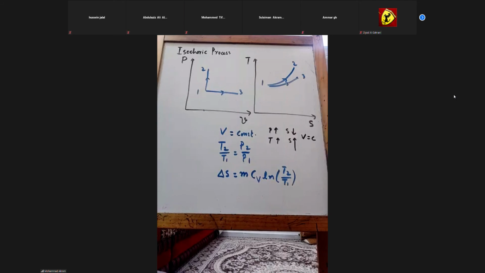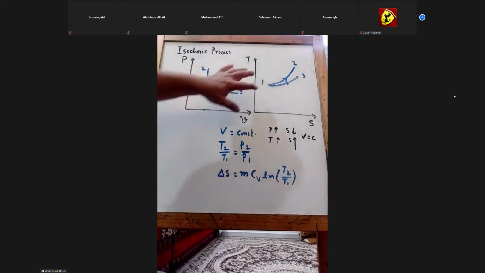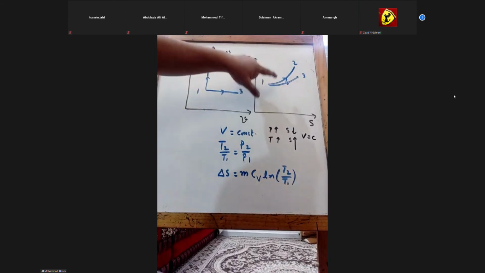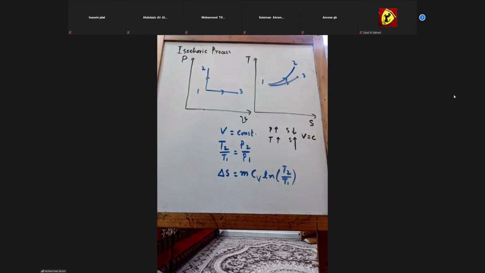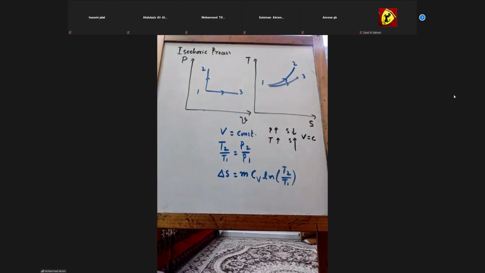Yes. So please write down that a constant pressure process has lower slope than constant volume process. Slope of constant pressure process is less compared to constant volume process.